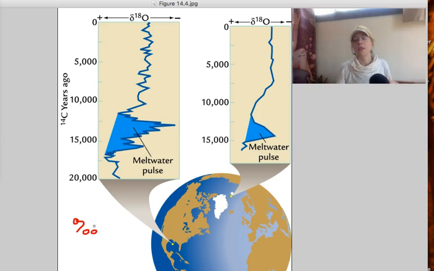And then that gets incorporated into clouds, which condense and precipitate down to the surface again, and the accumulation of snow over time forms a glacier. And so lighter oxygen isotopes get incorporated into glacial ice.